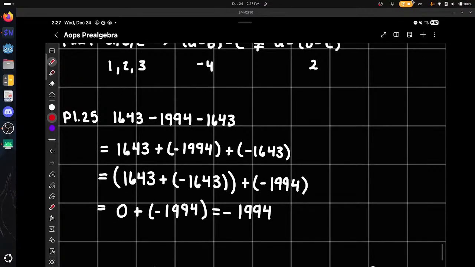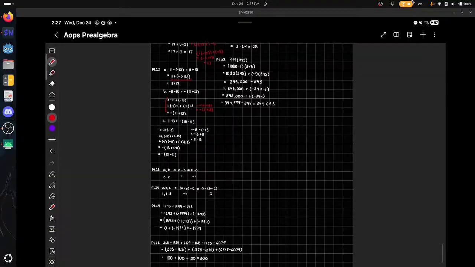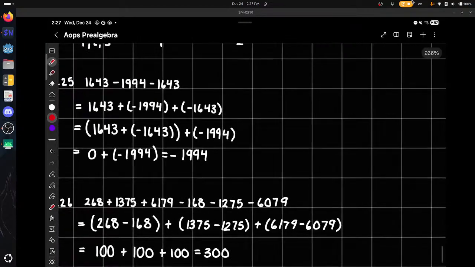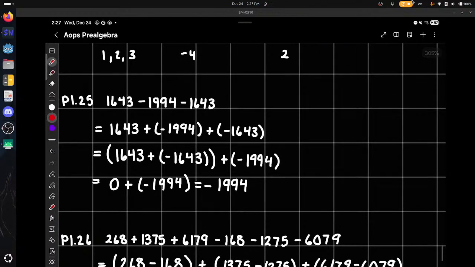So problem 25. And then we have 3 more after this. Let's see this subtraction to addition strategy at work. So let's see if I follow the same process. I take the definition of subtraction for 1994 and 1643, turn those into a negation, then add the addition back in, then group the 1643 to get 0.